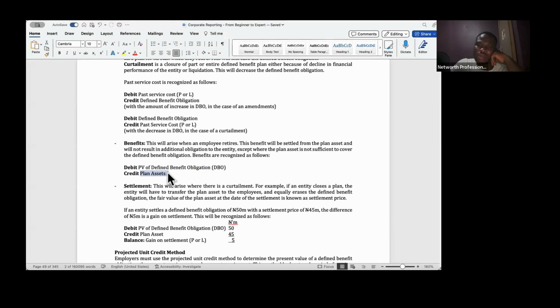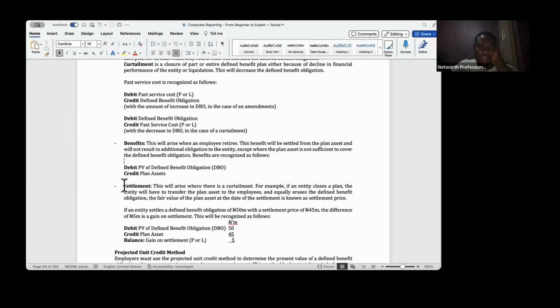It's not like the company has to go and pay money again, because they're already contributing into the plan asset. All they need to do is probably sell some shares or liquidate some deposits and get the money. So ultimately, your plan assets will reduce, your obligation will reduce. That's what benefit paid does to the entity. It reduces the obligation, it reduces the plan asset. Okay.